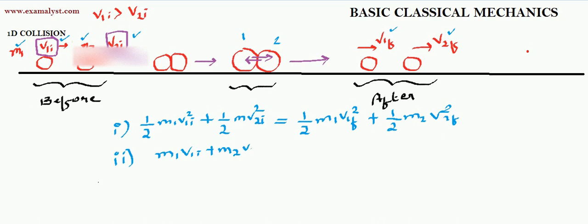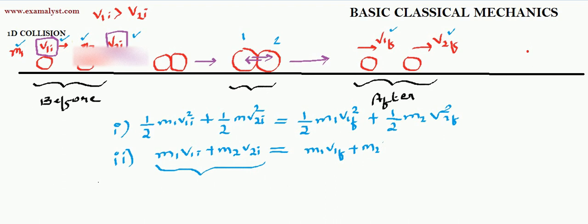In the previous example there was a minus sign. Here we don't have a minus sign because both the momenta are in the same direction. This is the momentum before collision. What is the momentum after collision? Obviously it is m1 v1f plus m2 v2f.